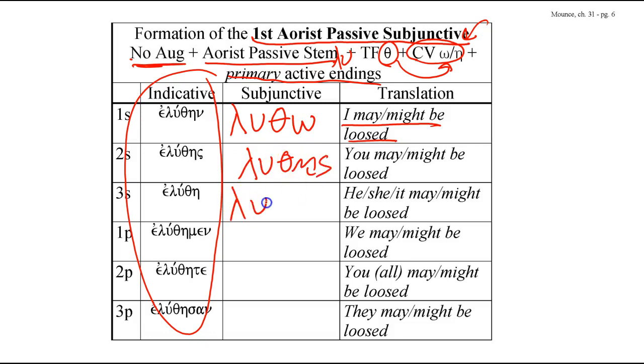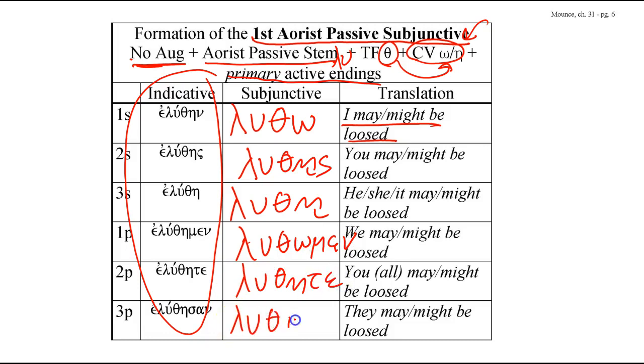He, she, it might be loosed, luthe, iota subscript. We might be loosed, luthomen. You all might be loosed, luthete, and they might be loosed, luthosi or sin. And this is the first aorist passive subjunctive forms. Let's say it together.